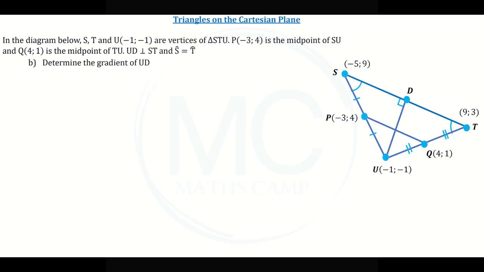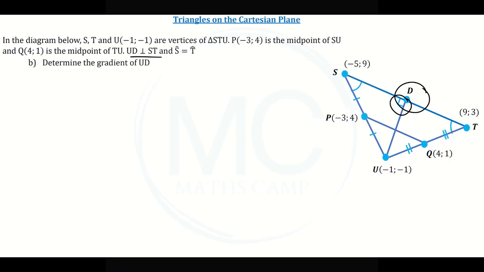Now, we don't have the coordinates for point D, and without these, we cannot use the gradient formula. But the question tells us that UD is perpendicular to ST, and we can see it in this angle on our diagram as well. Now, in this case, we do not need to prove the lines are perpendicular.